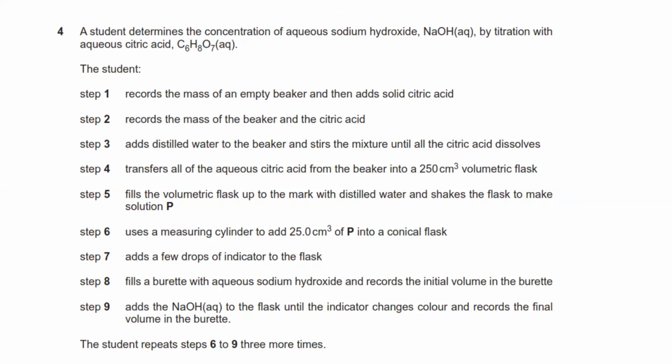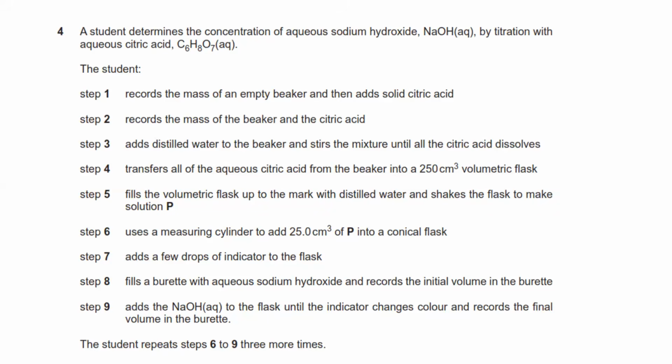Step 5, fills the volumetric flask up to the mark with distilled water and shakes the flask to make solution P. So now remember, this is our solution P. Step 6 uses a measuring cylinder to add 25 centimeter cube of solution P into the conical flask. Step 7, add a few drops of indicator to the flask.